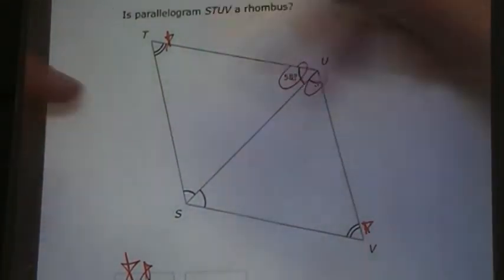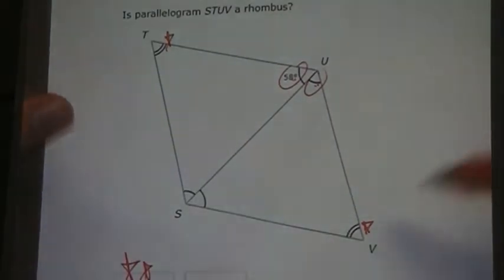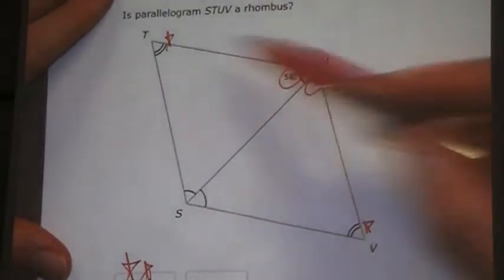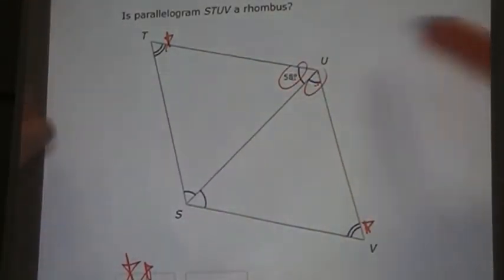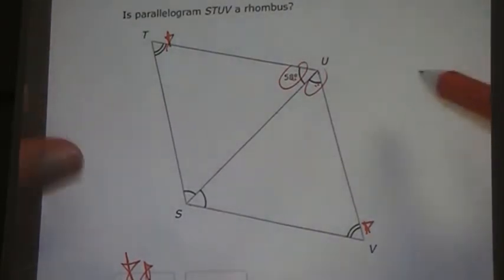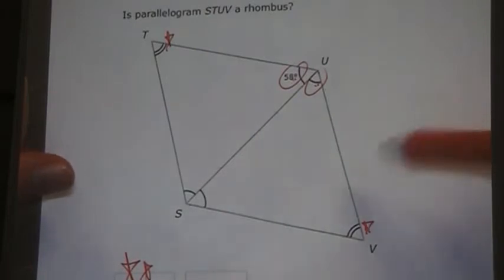The other diagonal's going to have to bisect the other one. And we have two congruent triangles also, by an angle side situation, or angle side angle, whichever way you want to go. Yep, that's a yes.